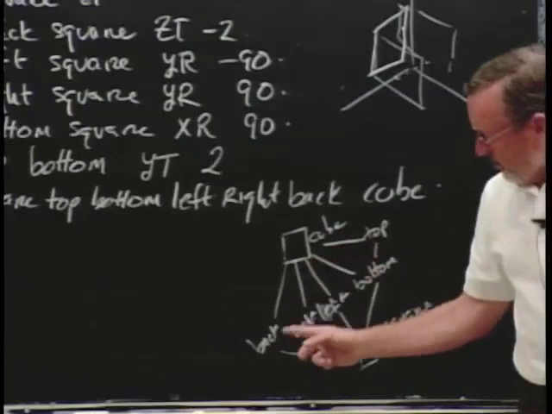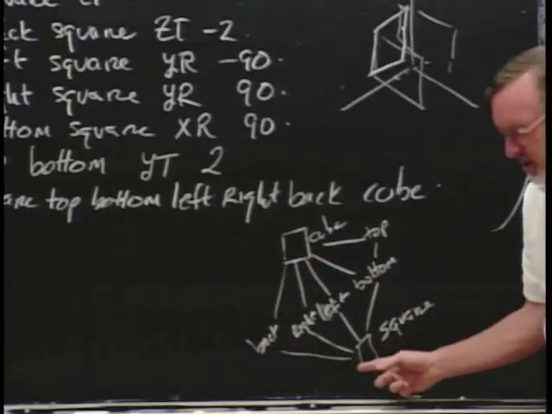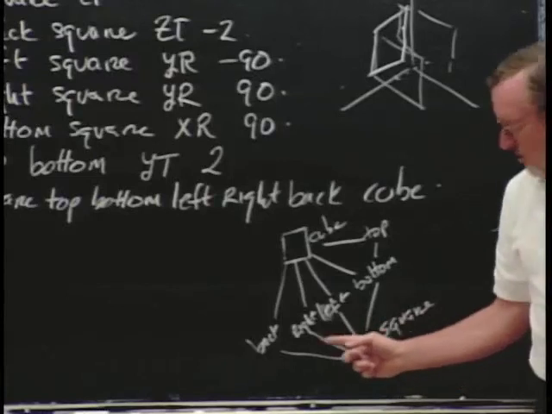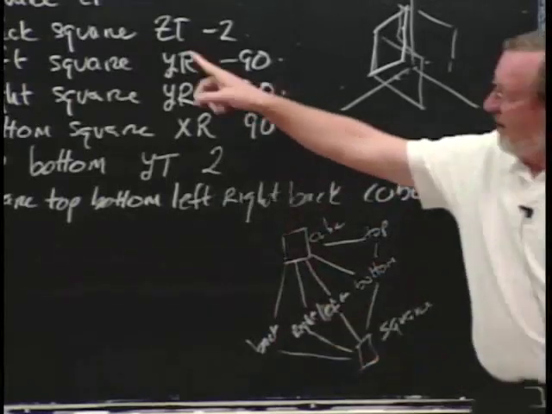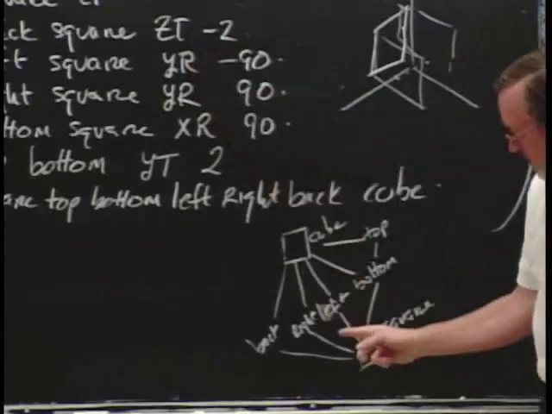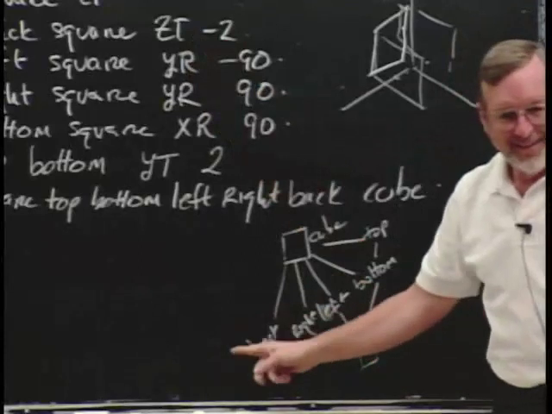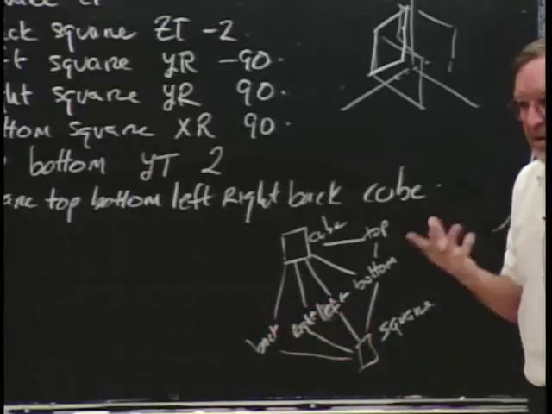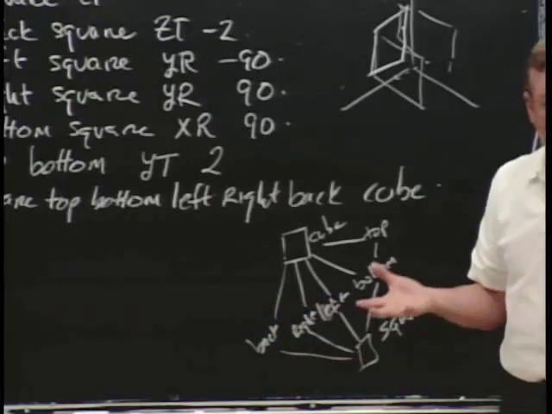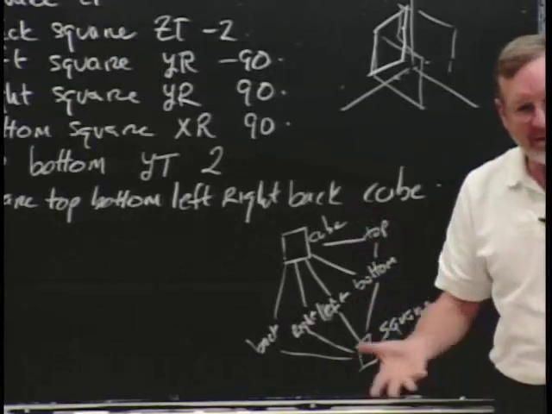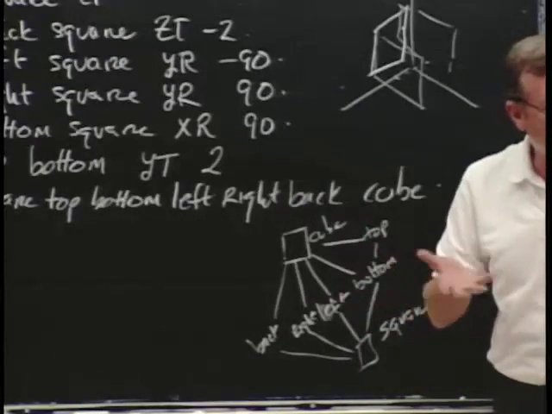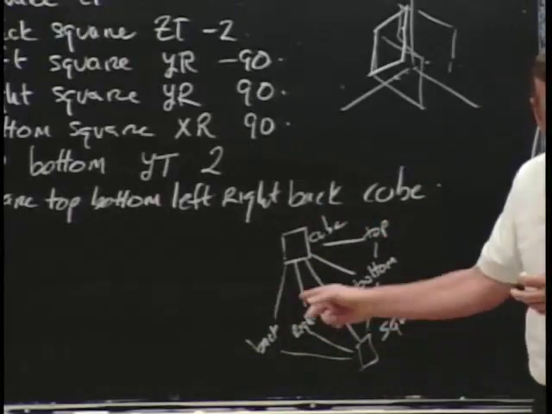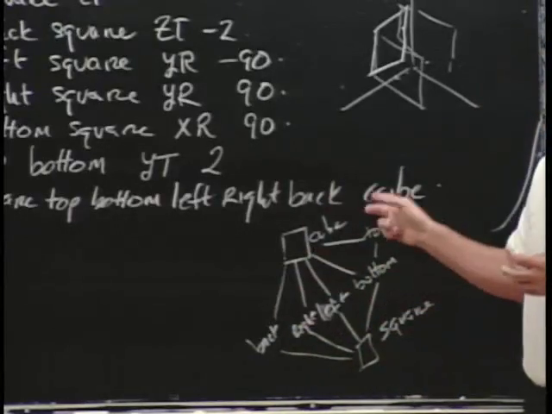But the original square contains the polygonal points, and what back really has is a transformation in it. And what I can do is build up these trees, or these tree-like, graph-like structures, with transformations at each node, which take the original points here and help me put them together up above.